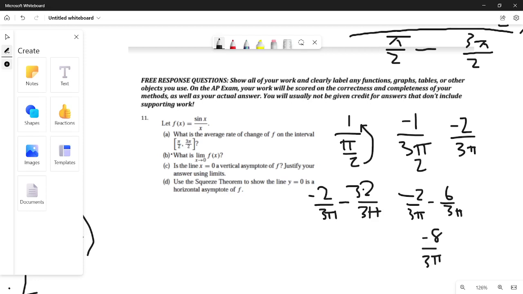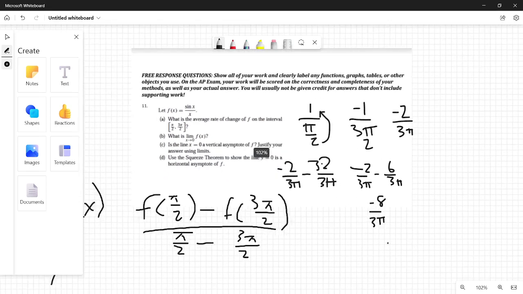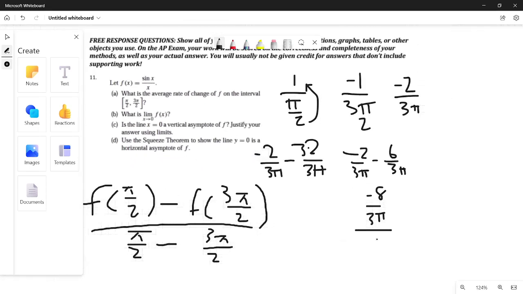But we then have to divide by pi because the distance between the first and the second is pi. So when we divide by pi, we get negative 8 over 3 pi squared, multiplying by the reciprocal of pi.